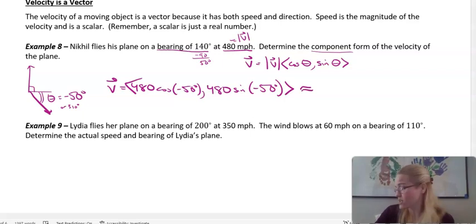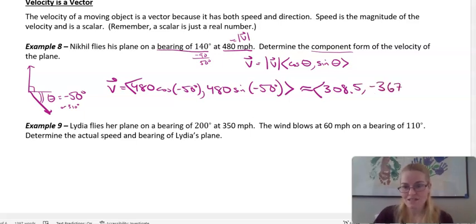Punching that into your calculator, you should get roughly 308.5 horizontally and negative 367.7 vertically. And so what does this mean as a velocity? Again, these are in miles per hour.